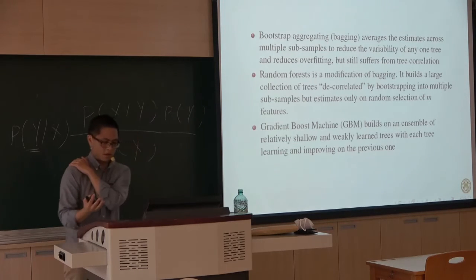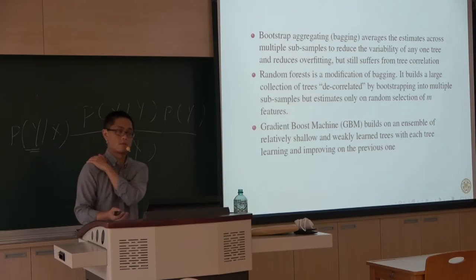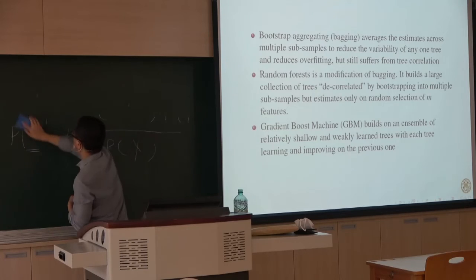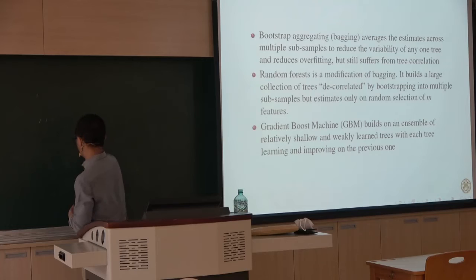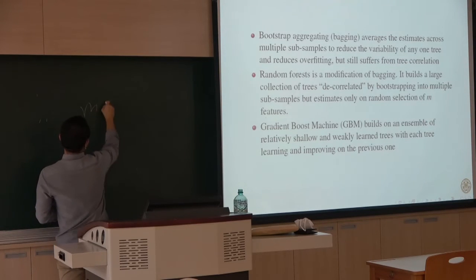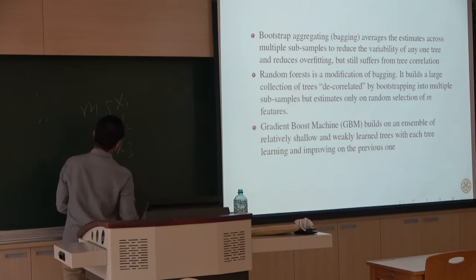So that each tree only estimates a slightly different feature. For example, you select a total of n features consisting of these three variables, right?